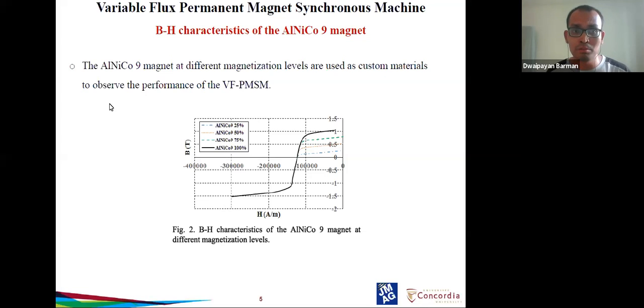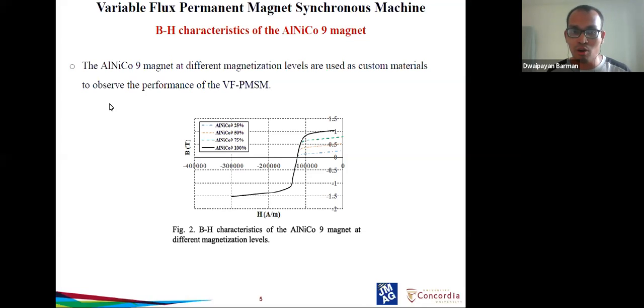But one of the major problems is that the BH characteristic of the alnico-9 magnet is only available at 100% magnetization. But we have to investigate the performance of the variable flux PMSM at different magnetization levels. So in our case, 25, 50, and 75.